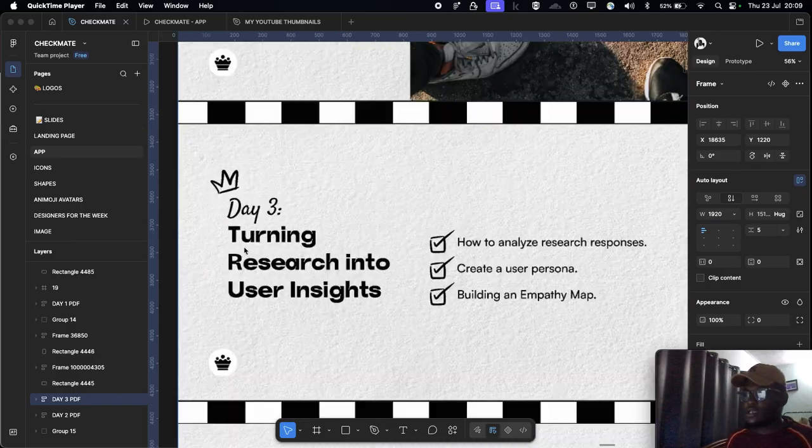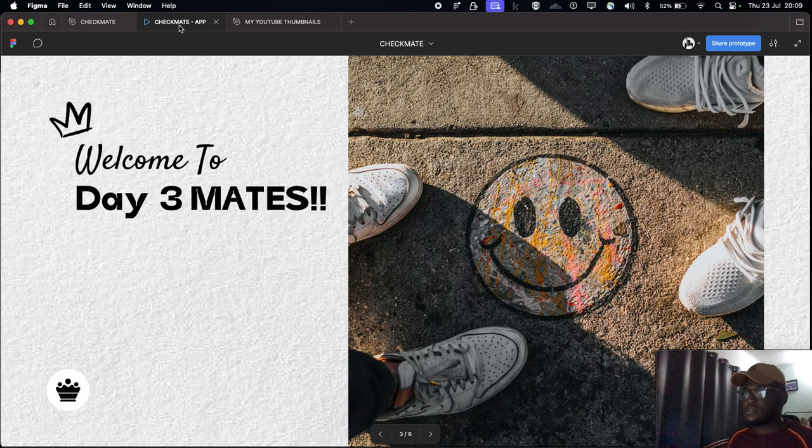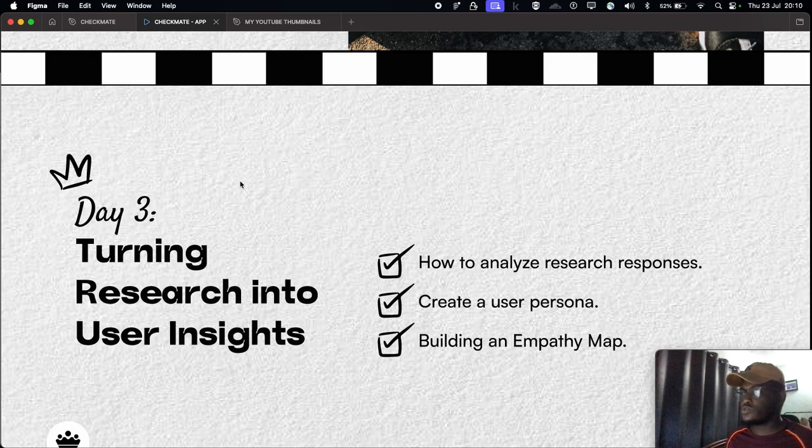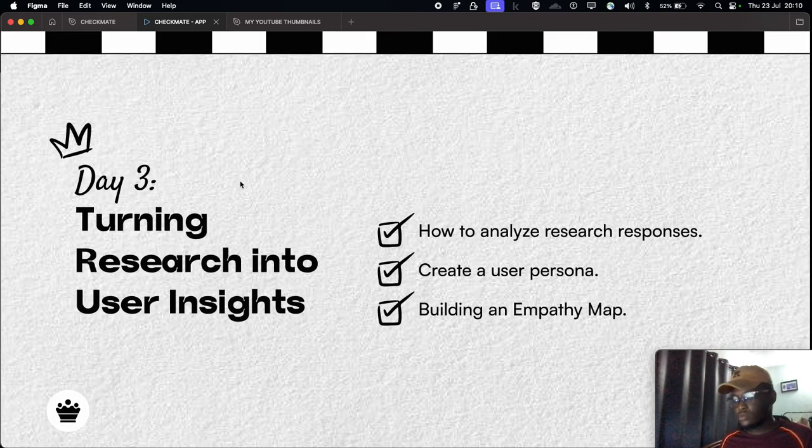Now we are in day three, and we are going to be talking about turning research into user insights. As at yesterday, I gave an assignment or a task that I told every one of us to go create a Google form, write 5 research questions, and send it to people who fall in the category of the users that you are designing for, and your own users are the students and young professionals.